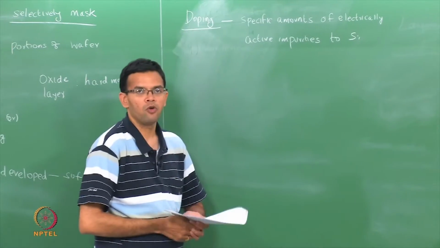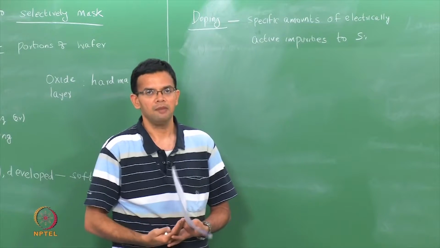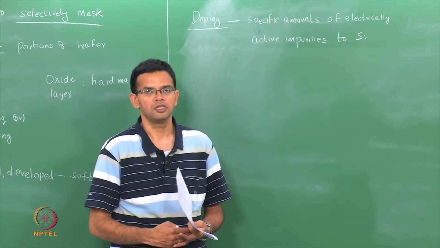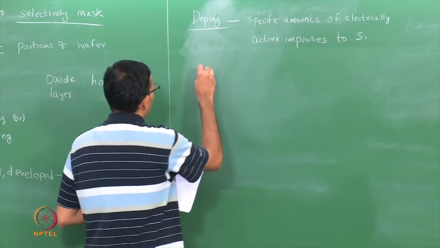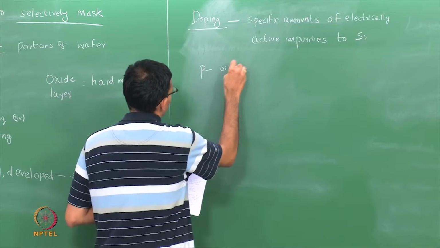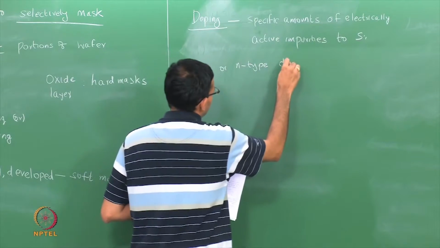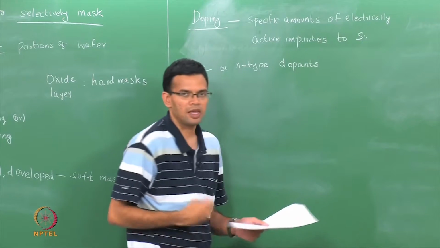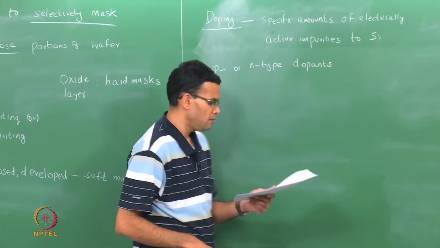For example, if you want to form a p-n junction and your starting wafer is n-type, then you typically add p-type impurities or p-type dopants to form the junction. So, your dopants can either be p or n-type dopants, and we have already seen examples of them in the case of silicon. There are two main techniques for doping.